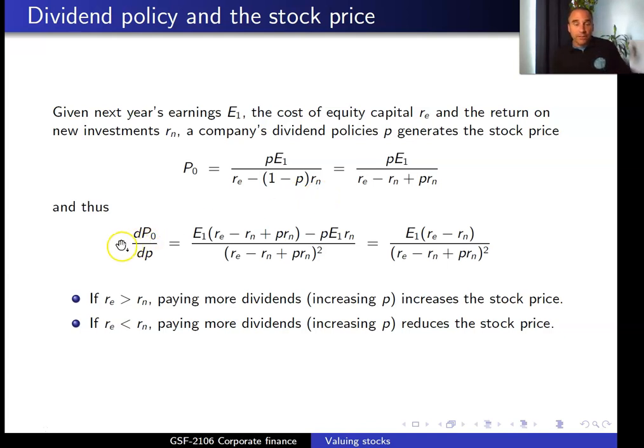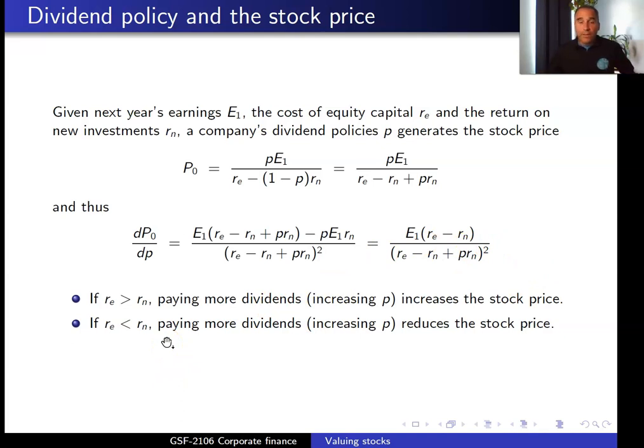If I take the derivative of the stock price with respect to a change in the payout ratio, we obtain this equation. So the condition for the price going up when we increase the payout ratio is that the return on equity capital be larger than the return on new projects.